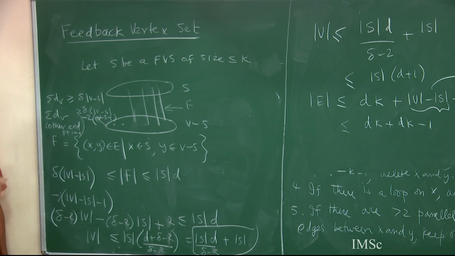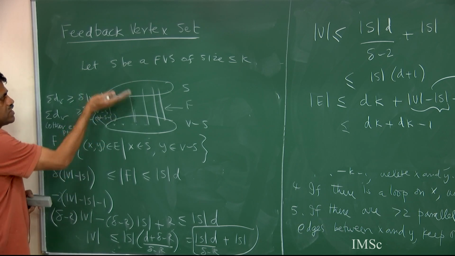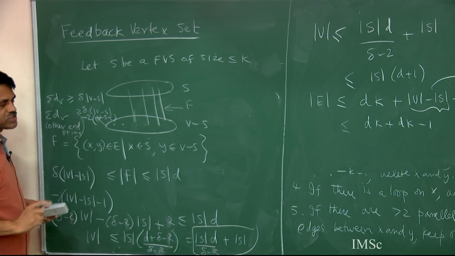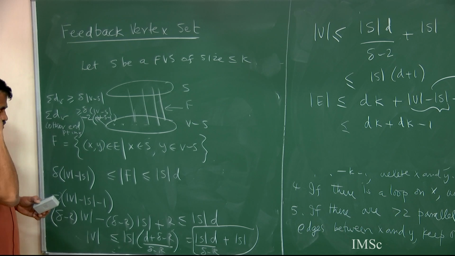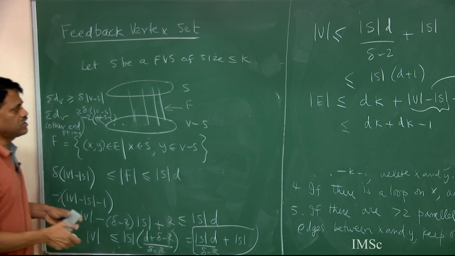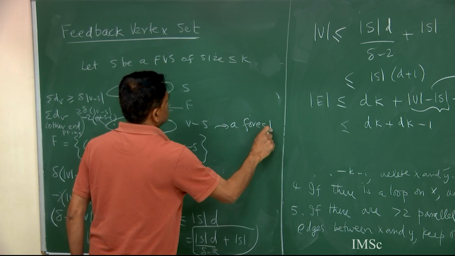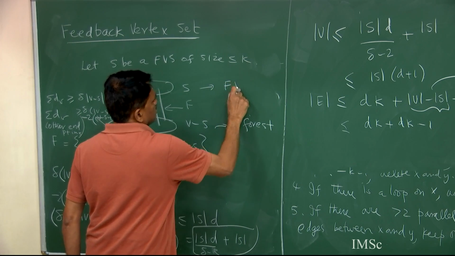Just think in terms of degrees and then you will see the degrees where only one endpoint is here is at least this much. And this is because this is a forest, right? So I should keep in mind that this is a forest because this is a feedback vertex set.